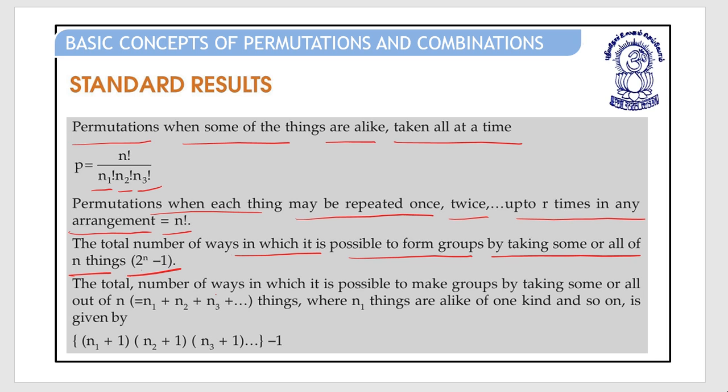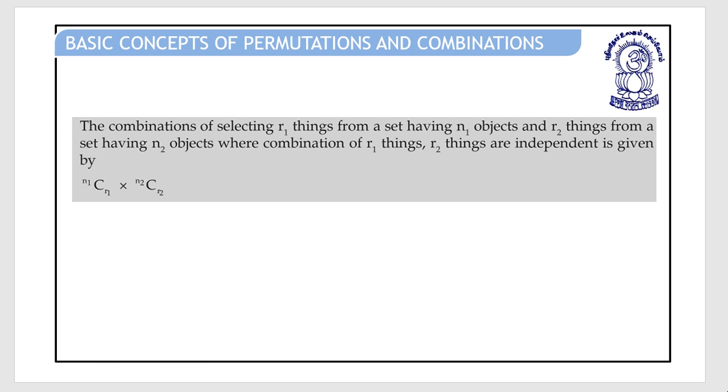The total number of ways in which it is possible to make groups by taking some or all out of n, like n1 plus n2 plus n3 plus n4 etc. things where n1 things are alike of one kind and so on, is given by (n1 plus 1)(n2 plus 1)(n3 plus 1) up to, in the bracket, minus 1.